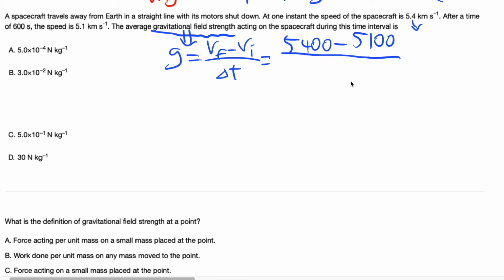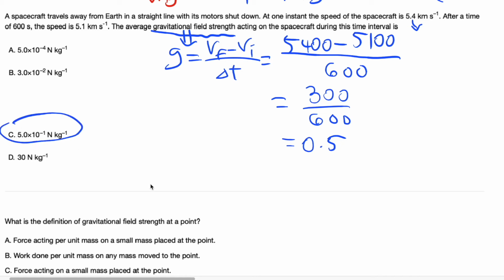So also multiply by 1,000 to convert the unit to meters, and divide by time. So this is equal to 300 divided by 600, which is equal to 0.5, right? So C is the correct answer, because this quantity is equal to 0.5.